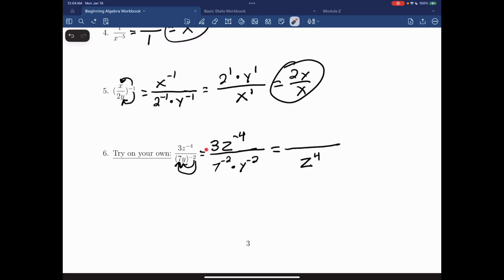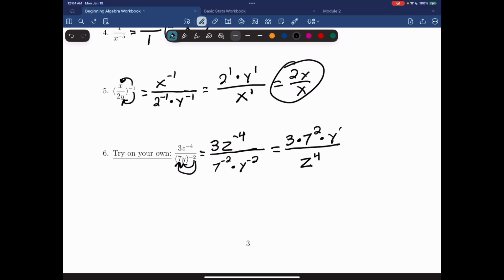But this 3 here doesn't have an exponent attached to it, so I'm just going to carry that along in the numerator. And then in the denominator, we have negative exponents. We have 7 raised to the negative 2 power and y to the negative 2 power. So I'm going to bring both of these up here in the numerator. So this becomes 3 times 7 squared times y squared.